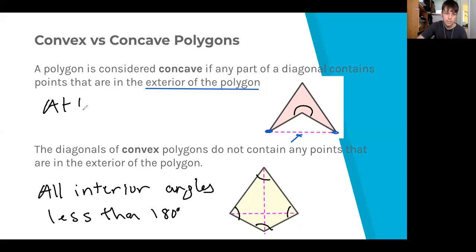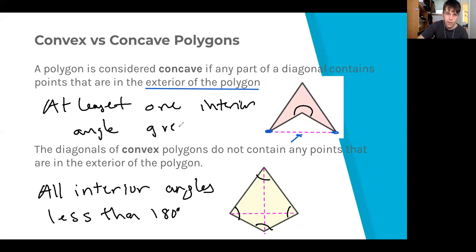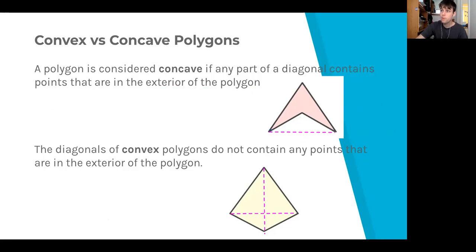So at least one interior angle greater than 180. That was very sloppy writing, but hopefully you heard the words as well. One interior angle, right? This is more than a straight line. This angle here passes more than a straight line, right? You can sort of see that there. All right, cool. Let's go ahead and move forward.